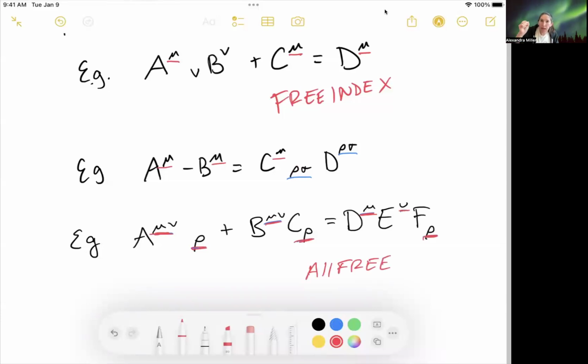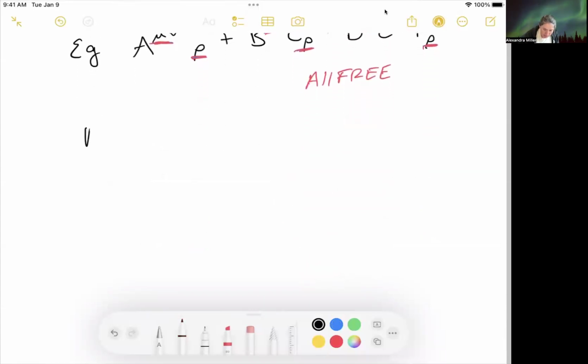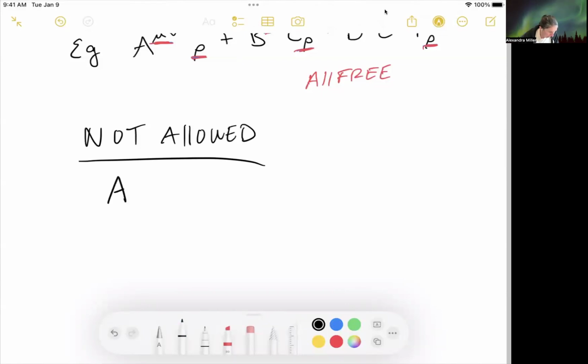So this is what I mean by both sides of the equation and every individual term in our equation, the indices need to match. So to help better unpack this, what are some things that are not allowed? Okay, A mu nu plus D mu equals C mu.